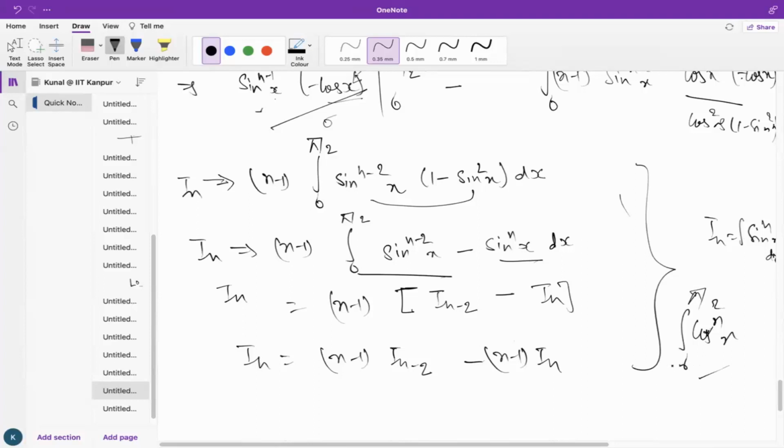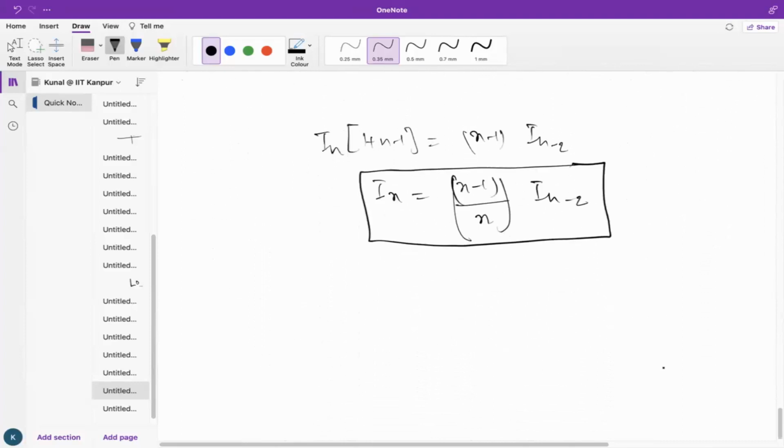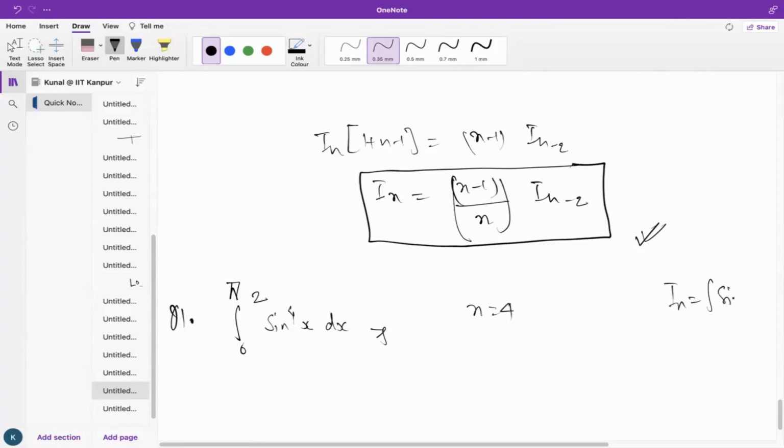Now, let me show you an example of how to apply this. Our question number 1 looks like this: integrate from 0 to pi by 2 sine to the power 4x dx. Here the n value is 4, because our In looks like sine to the power n x.